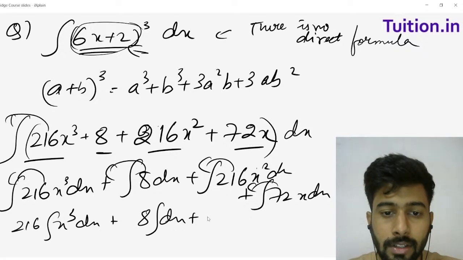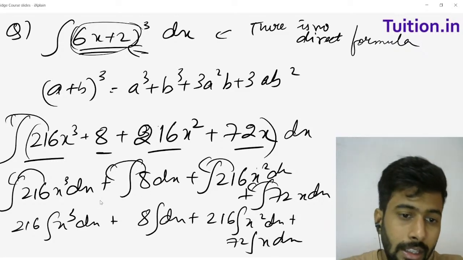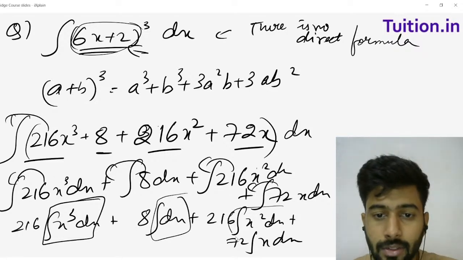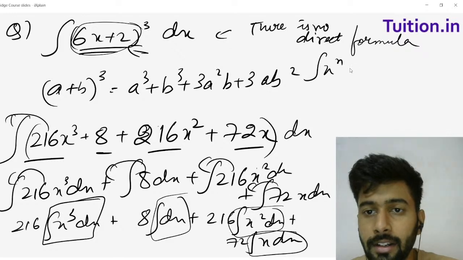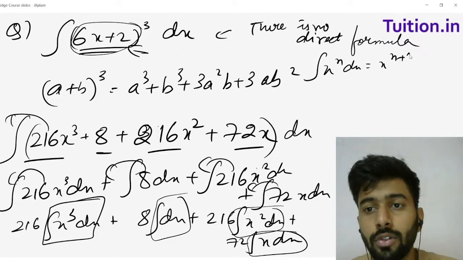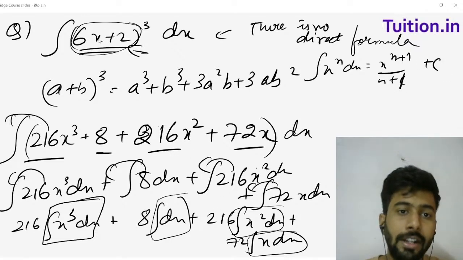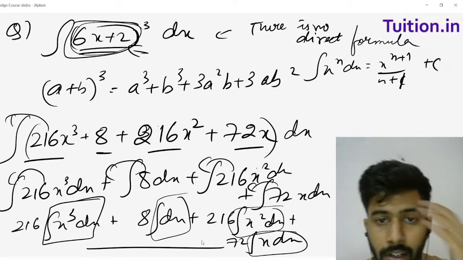Now if you see, each of these integrals, x cube dx, dx, x square dx, x dx, all of them are of the form x power n dx. And you know the formula for this.